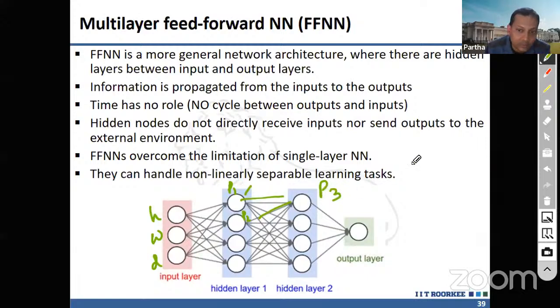Like in biological neurons and neural networks, we have seen that one neuron takes the data, processes it, and provides the output to the next neuron. The next neuron also takes the data from the previous neurons, processes it, and provides it to the next neuron. Same thing here. You have multi-layer perceptrons, with a first layer, second layer, third layer, multiple layers.